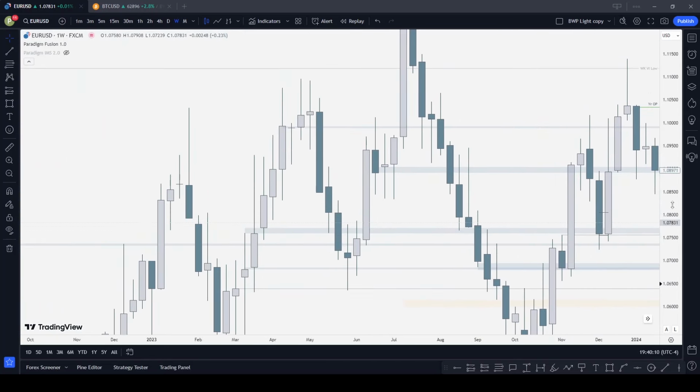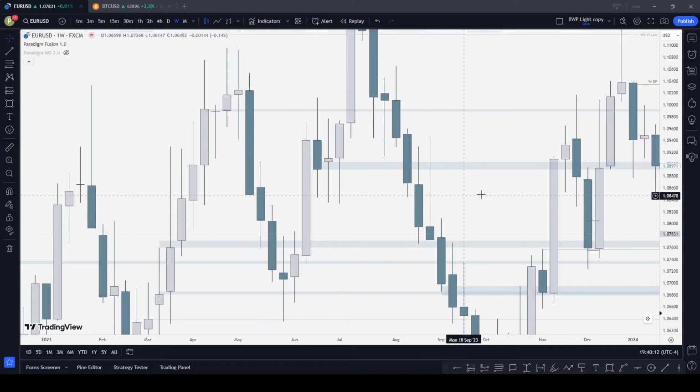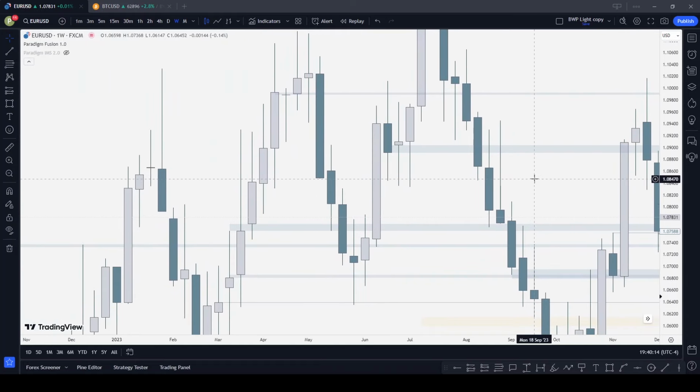Now let me also emphasize that when I'm talking about a close, when I'm talking about a switching state of a new week opening gap, for a switching state from bullish to bearish to be valid, the candle must open above it.